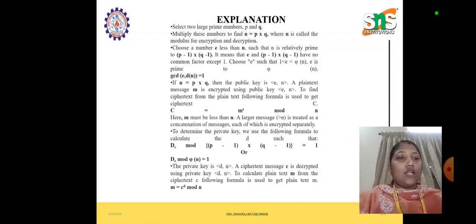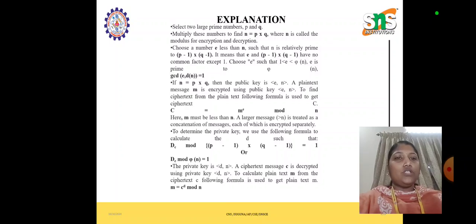Next, we calculate Euler's totient function, which is phi of n, equal to (P minus 1) times (Q minus 1). We choose an integer E such that E is between 1 and phi of n, and E is co-prime to phi of n. Co-prime means the GCD of E and phi of n should be 1.